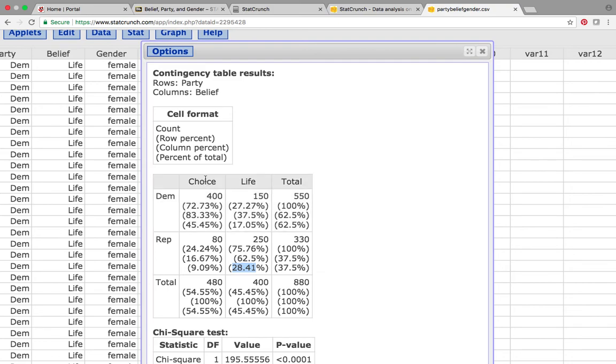So if I focus on the column, and the column is the third value given, I can see that of those who are pro-choice, 83.3% are Democrat, 16.7% are Republican. However, pro-life, you can see that 37.5% are Democrat and 62.5% are Republican.